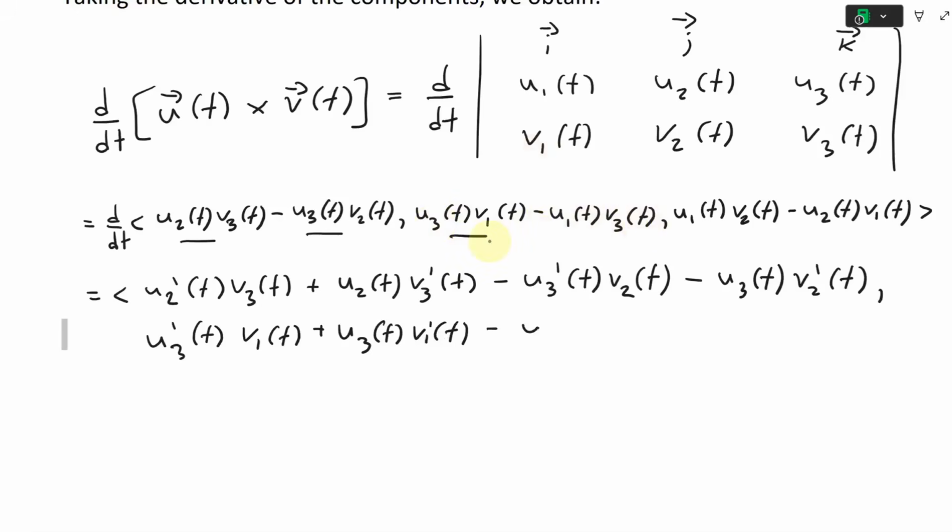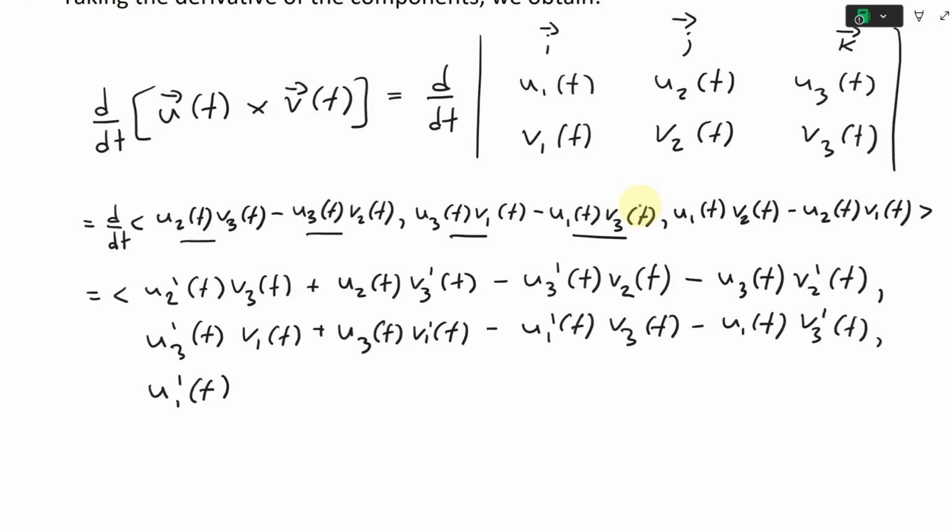This is going to be u1 prime of t, v3 of t, and then minus, again, it's going to be minus, u1 of t, v3 prime of t. That's this one. And now the next one is going to be the derivative of u1, so v2 of t, then using product rule, u1 of t, and then v2 prime of t, minus, and so we did this one.